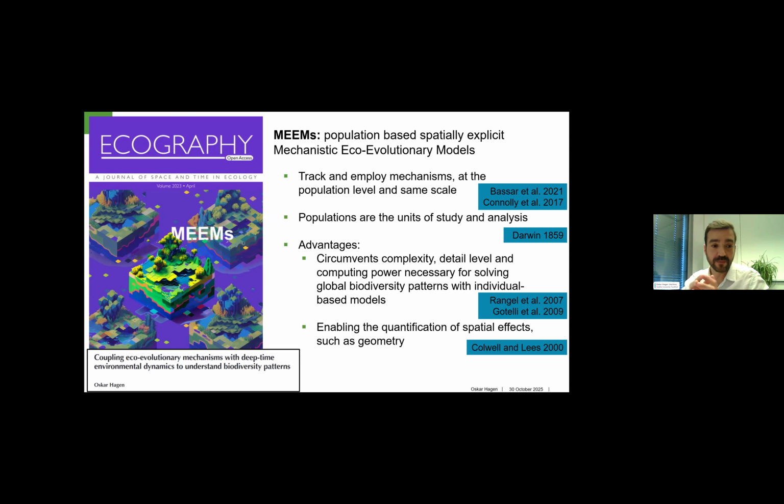By having this and being able to cover very deep and large spatial and temporal scales, we basically can study spatial effects such as geometry, and we can also cover a multitude of spatial and temporal scales, because populations as the unit of analysis can cope with changes in temporal and spatial scales.